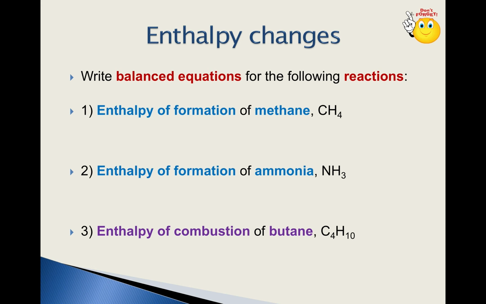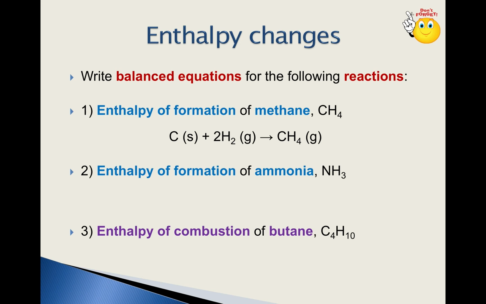So let's look at the first one, which is the enthalpy of formation of methane. We know that the product is going to be methane, CH4. The elements which form it are carbon and hydrogen. Carbon is C and hydrogen is H2. And then we proceed with balancing the equation. So carbon plus hydrogen, which is H2, gives me methane, which is CH4.